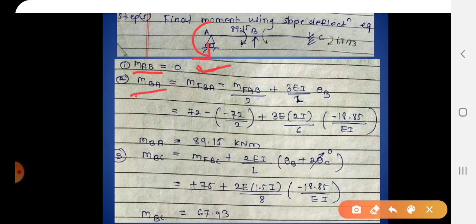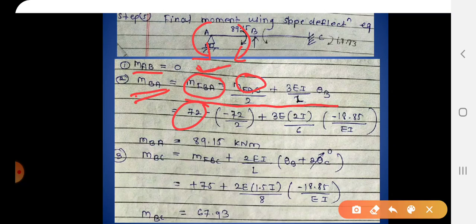Now MBA: B is the near end and A is the far end and it is a roller support, therefore again the modified slope deflection equation: MFBA minus MFAB by 2 plus 3EI by L into theta B. MFBA is the fixed end moment due to UDL, so plus 72, and MFAB will be the fixed end moment again due to UDL at end A, therefore minus WL square by 12.